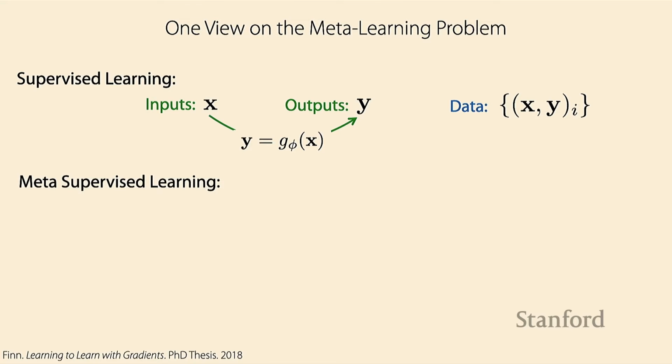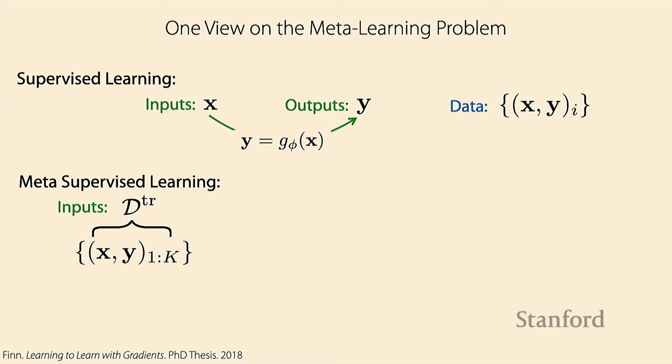Now, in meta-learning, we can also frame it as somewhat of a supervised learning problem, where our inputs are going to be a little bit different. Our inputs are actually going to include the training data set for a task, in which we'll have k examples, or k examples per class.